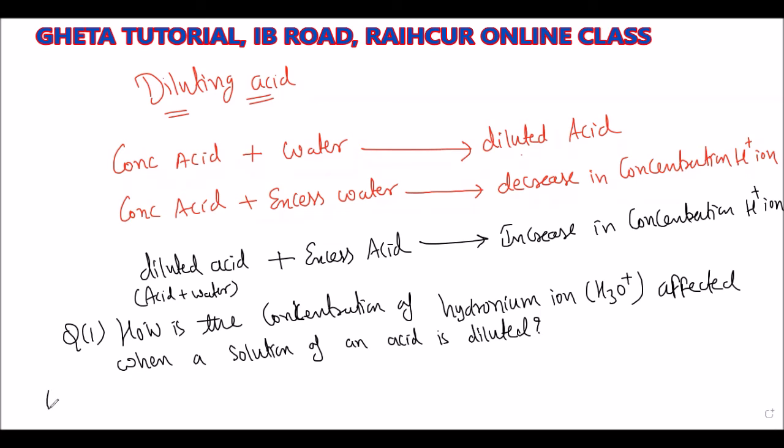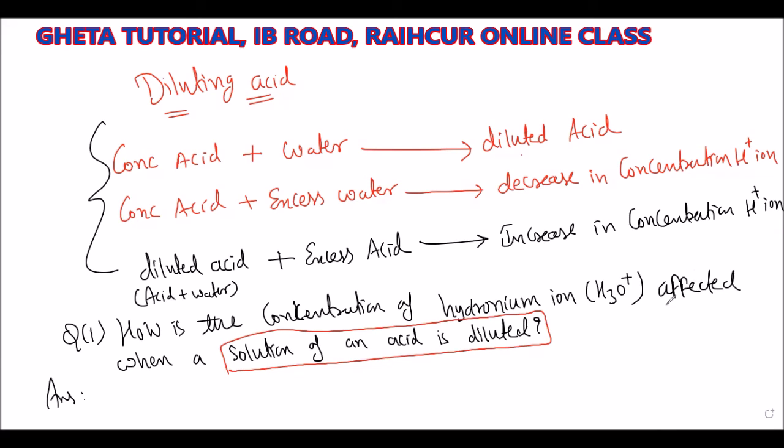This is the question. Just now what explanation I did on this topic, based on this they are asking, how is the concentration of the hydronium ion affected when the solution of an acid is diluted? Now any one of you have to give the answer for this. And affected is nothing but whether the hydronium ion increases or decreases. That is the question.